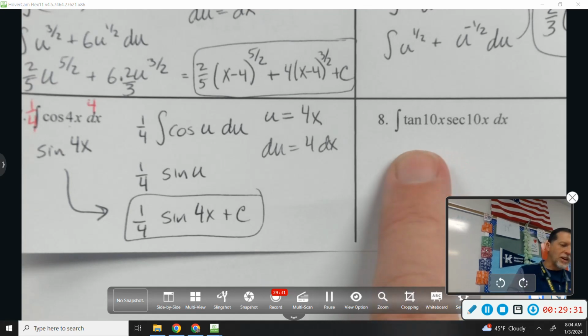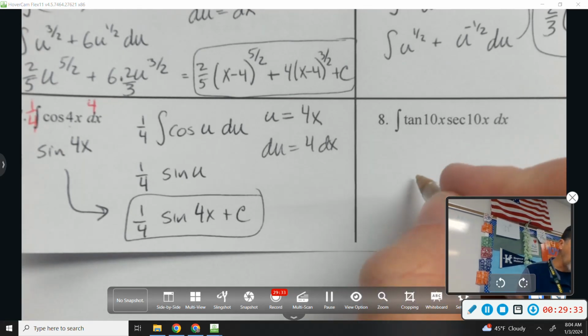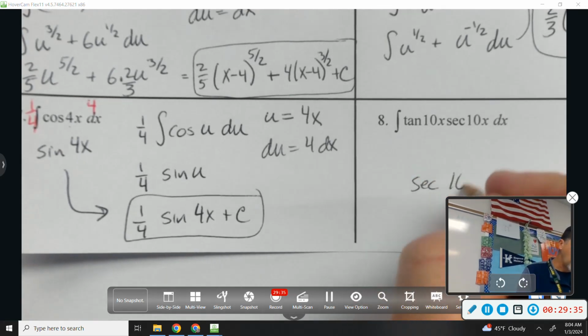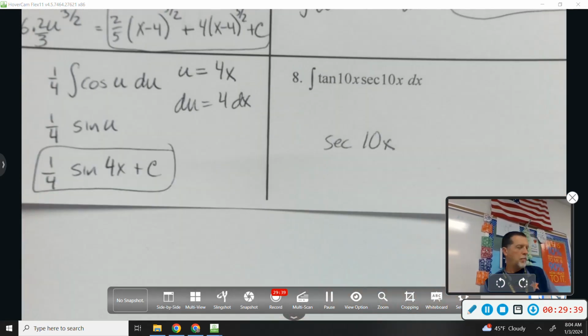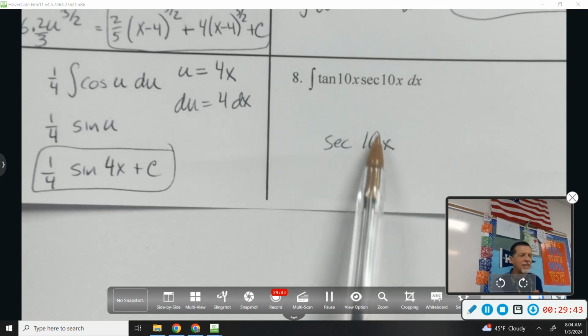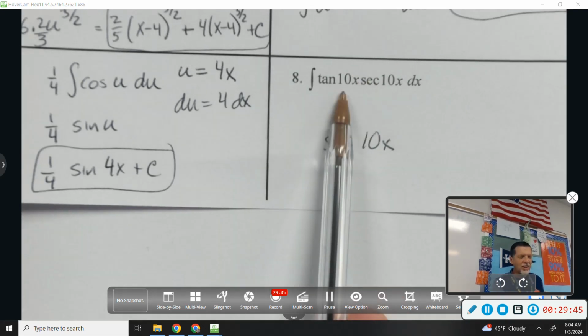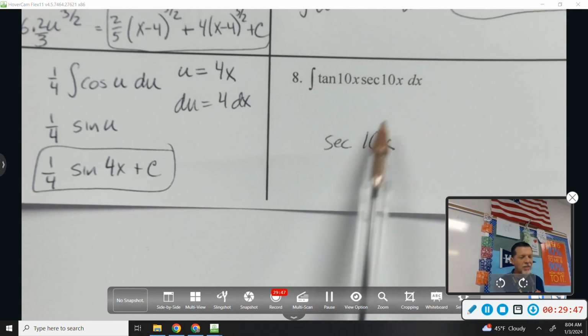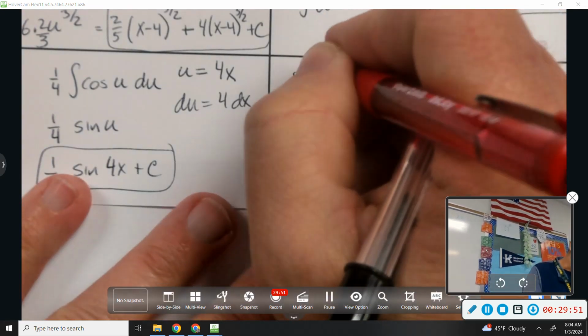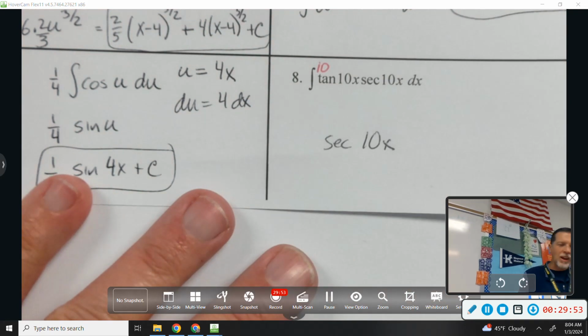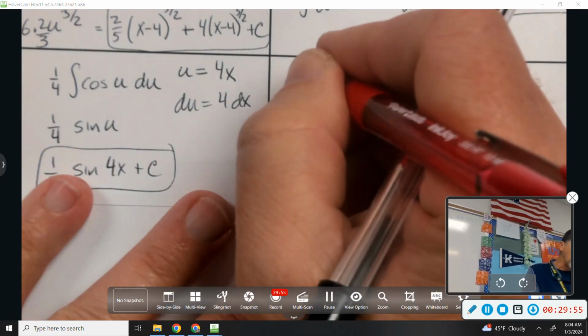So to undo the tangent and the secant, I would get back to secant. The argument would still need to be 10x. But how would I fix that? If I took the derivative of this, I'd get tangent 10x, secant 10x times 10. In fact, you could sort of fix it on the fly. There should be a 10 there, but you can't just go putting a 10 there.